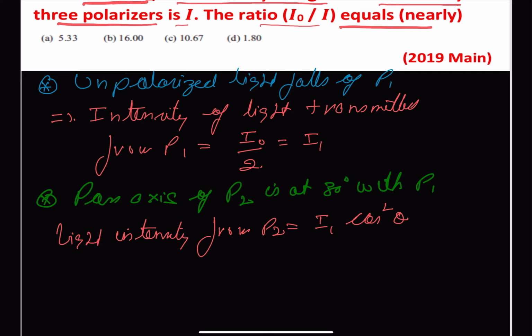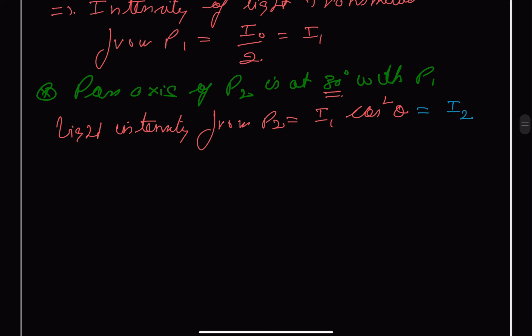Here theta is our 30 degrees and I1 is I naught by 2, and let us call this I2. So we can write I2 will be equal to I naught by 2 cos square 30, and this comes as 3 I naught by 8.